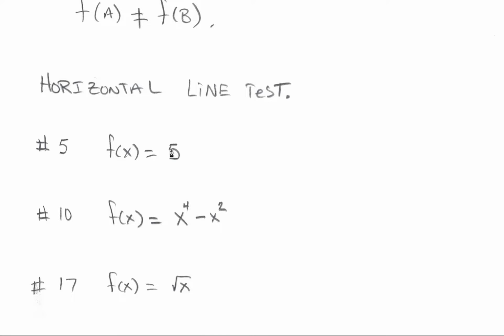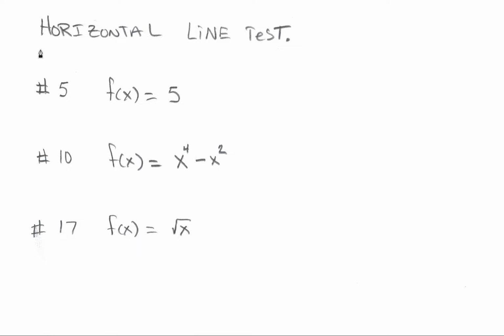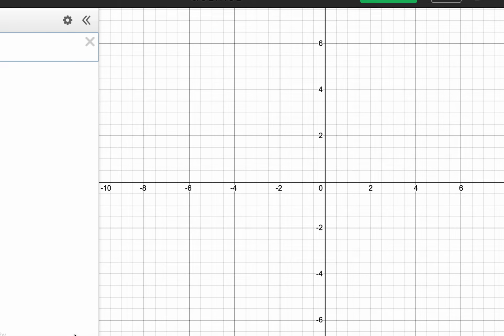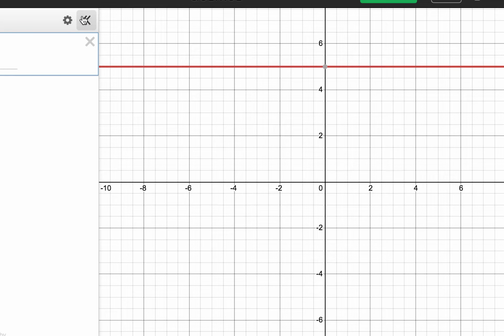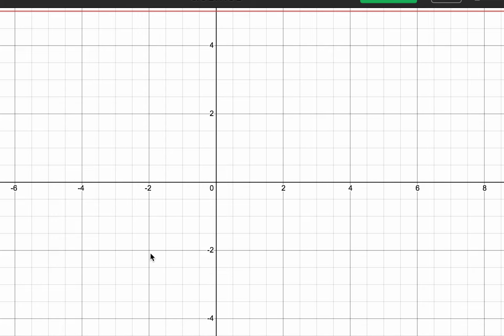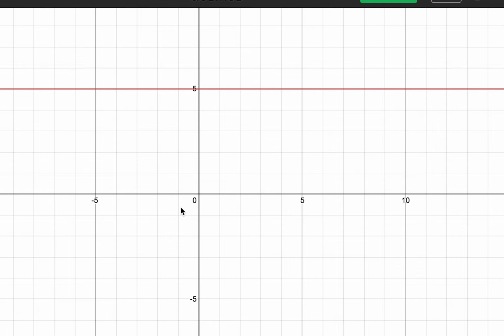So one of the ways we usually talk about a one-to-one function is whether or not it passes this thing called the horizontal line test. So let's look at an example. This is from number 5, f of x equals 5. So if I pull up my graph here, this is what my f of x equals 5 looks like.